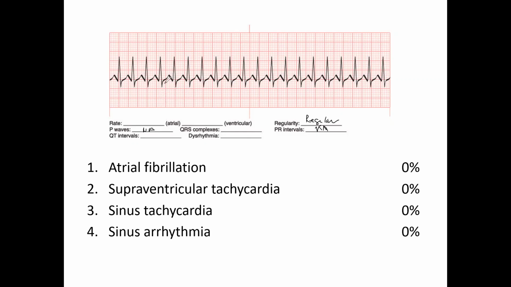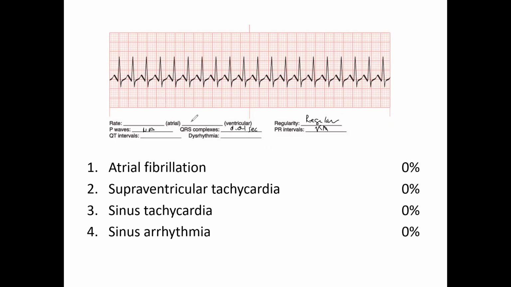Your QRS complexes, the duration of your QRS complex is less than 0.12 seconds. On average, about 1.5 boxes, well, we'll just call it 0.04 seconds because it's about one box.